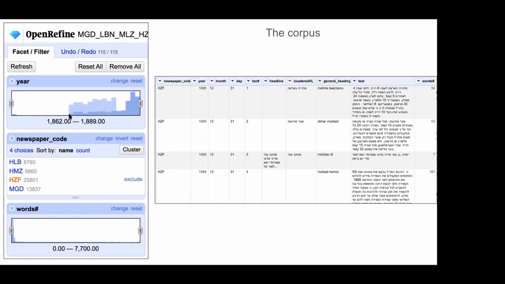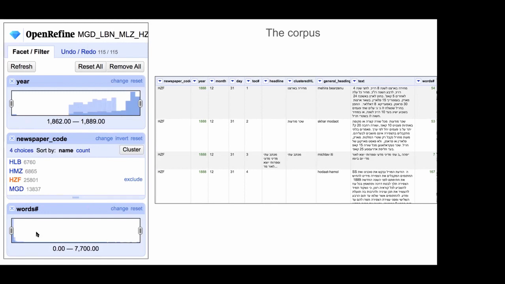So we have Hatzfira, which here becomes very frequent because it becomes a daily newspaper. It used to be a weekly, and then the 3 other newspapers here. Basically, Hatzfira started in Warsaw in 1862, but then only started again in 1874.